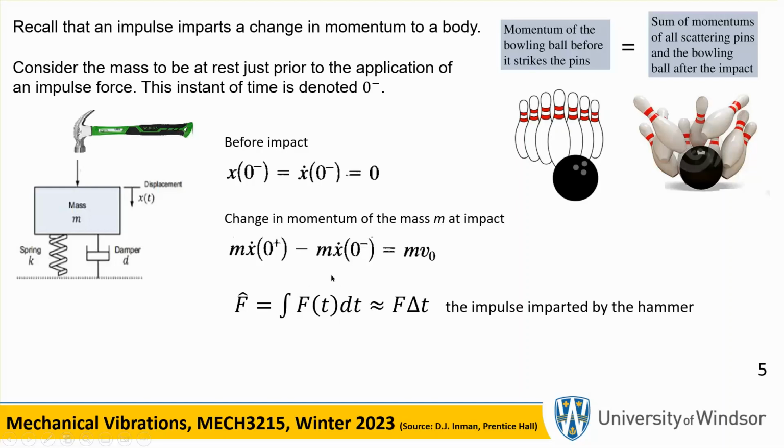And this is exactly what we call F hat, okay? Because remember, this can be thought of as an extremely short duration event, essentially thinking about that diagram that we had in slide 2, where we had the rectangular strip with a height of F hat divided by 2 epsilon, and the base was 2 epsilon, and the product of it gives you F hat, which is the area under the curve, which is the impulse.